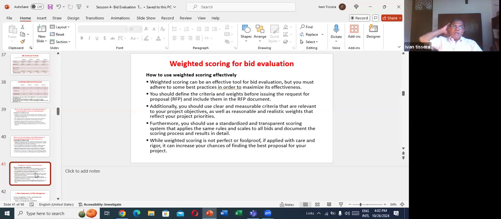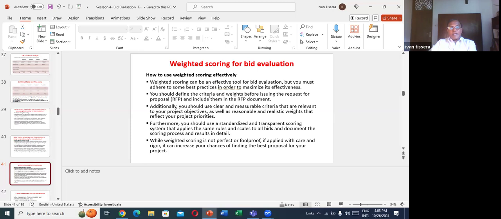But how do we use this system effectively? Weighted scoring can be an effective tool for bid evaluation, but you must adhere to some best practices in order to maximize effectiveness. What are they?